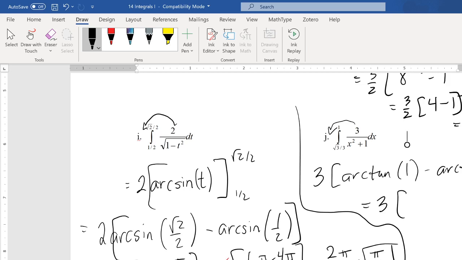All right, so arc tan of 1 is pi over 4. And the arctan of square root of 3 over 3 looks like it is also pi over 6.